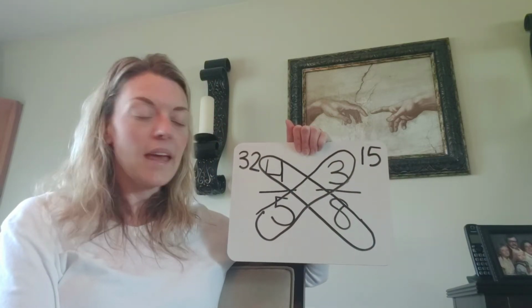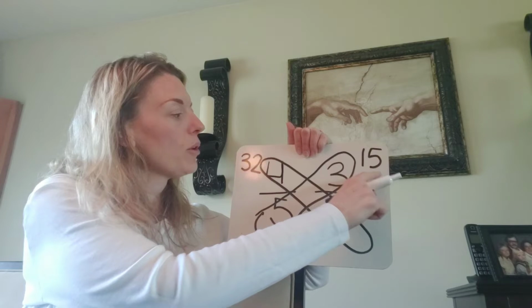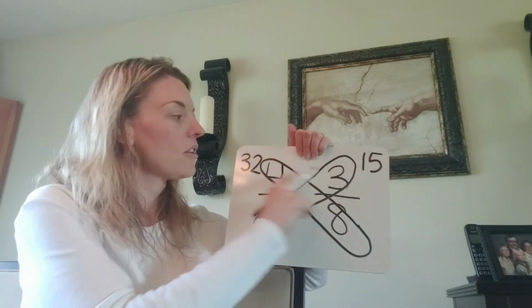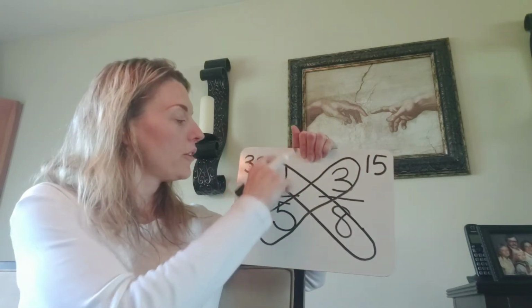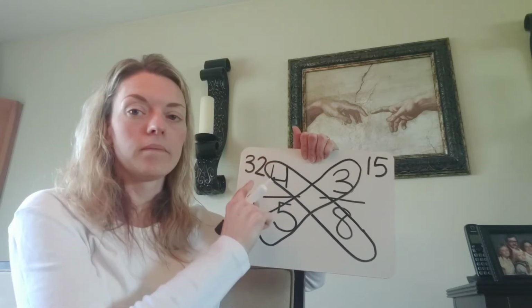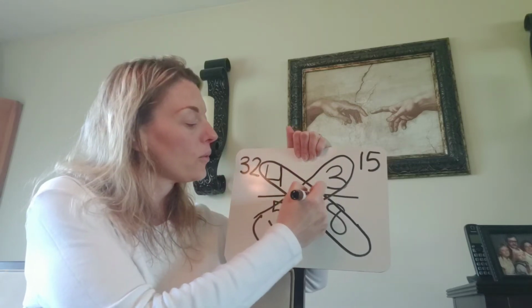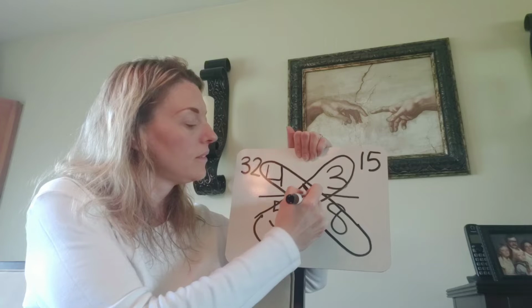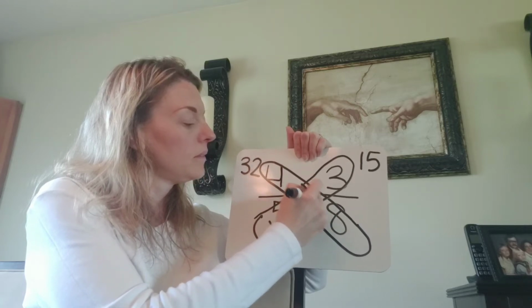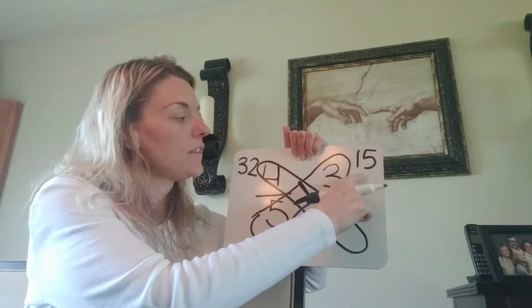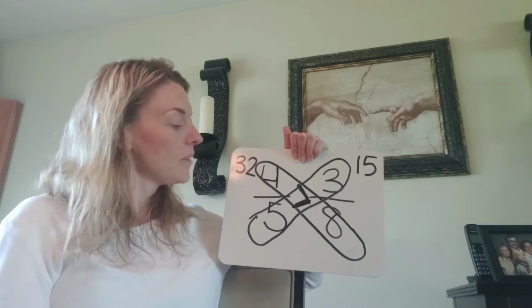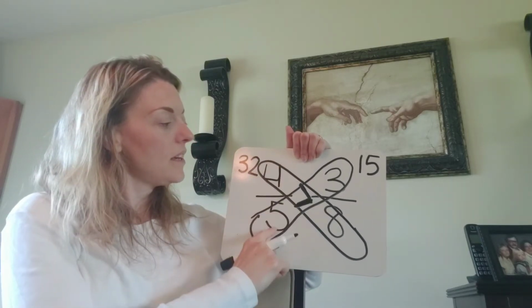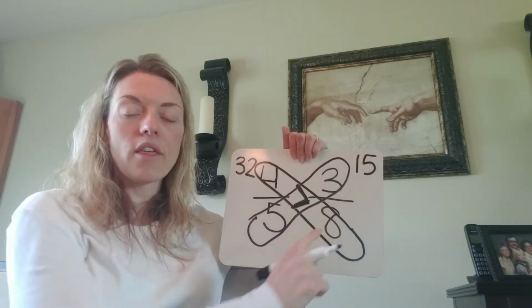Okay, now compare your products. That's all you need to do. 32 is greater than 15. 4/5 is greater than 3/8.